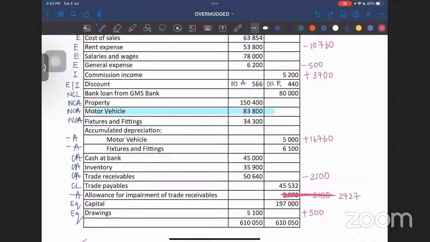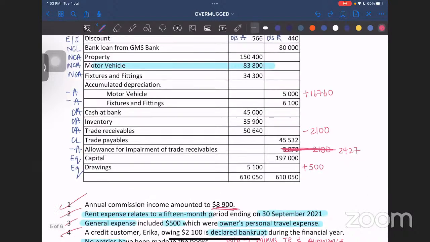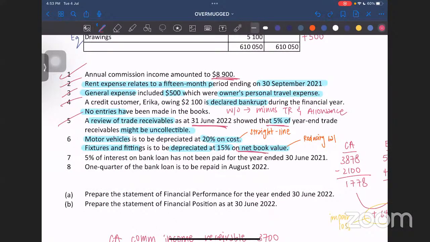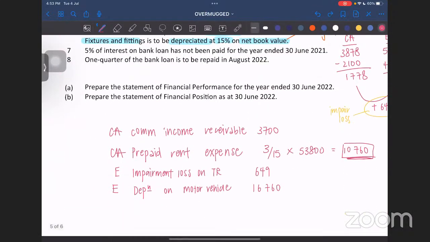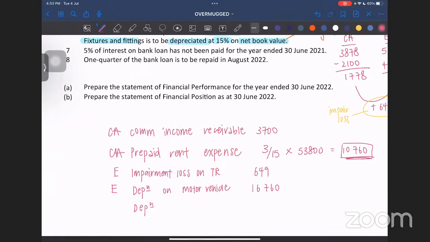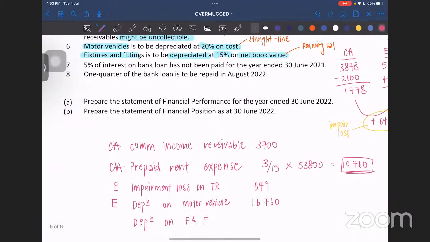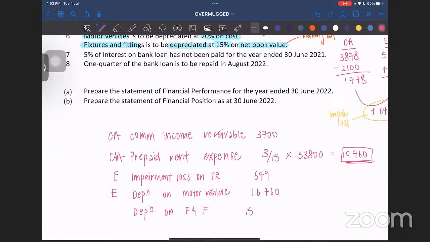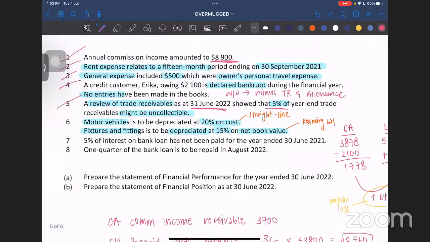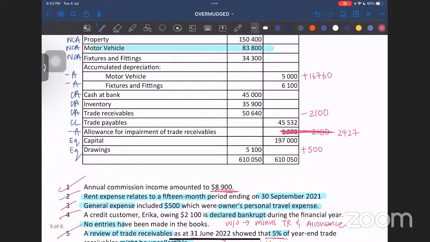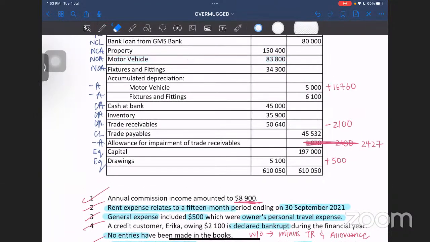That's for motor vehicle. Fixtures and fittings is on net book value. Again, I'll create depreciation on fixtures and fittings. So this is 15% multiplied by my net book value. How to get net book value? A quick recap one more time: I will take the cost minus the accumulated depreciation.